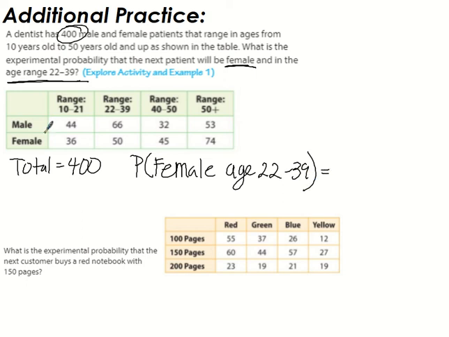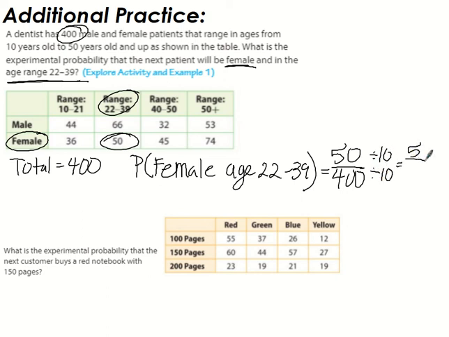So there's my female, there's my range, it would be this. So we would have 50 over 400. I could divide this by 10, get 5 over 40, and then divide by 5, and we would get 1/8. So hopefully that's what you got too, 1/8.